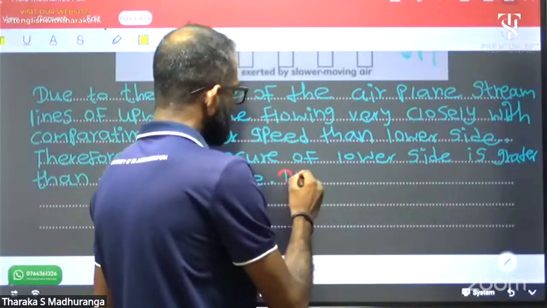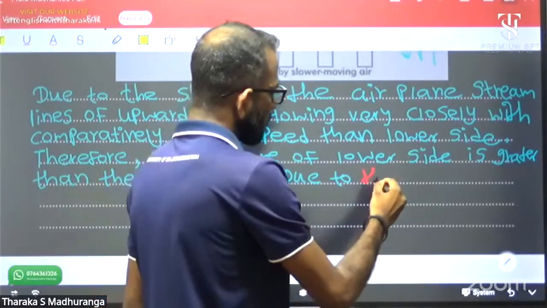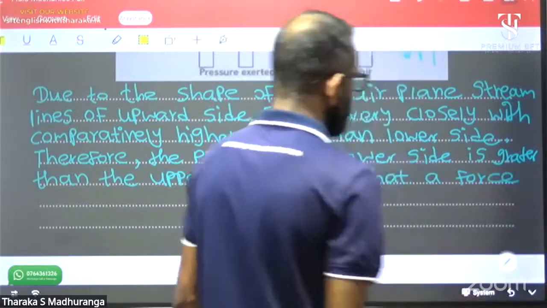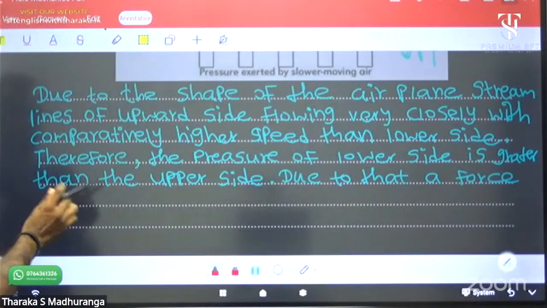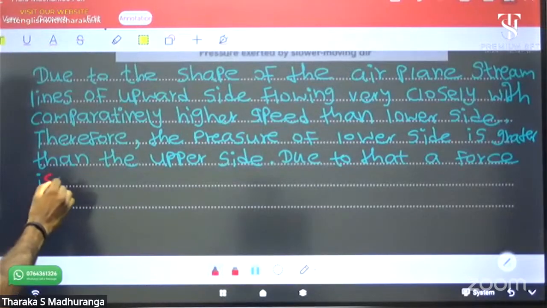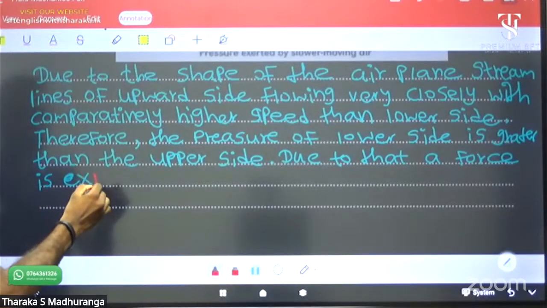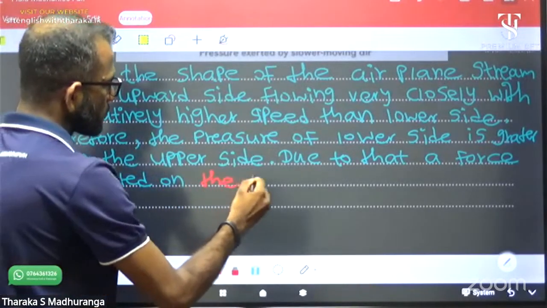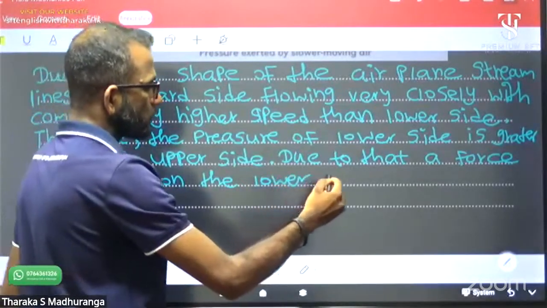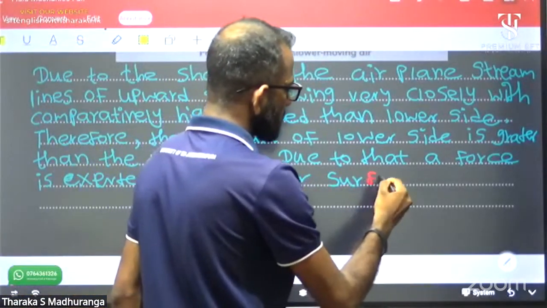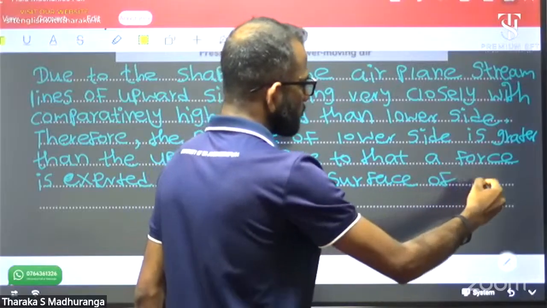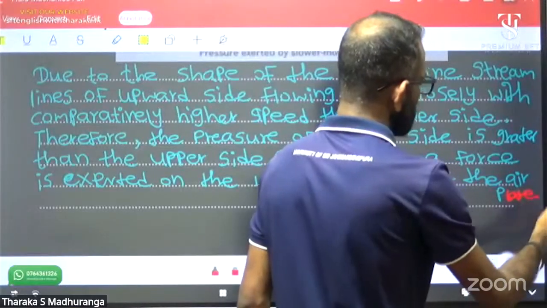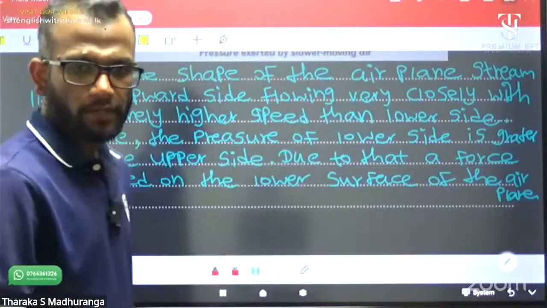Due to that, a force is exerted on the lower surface of the airplane.